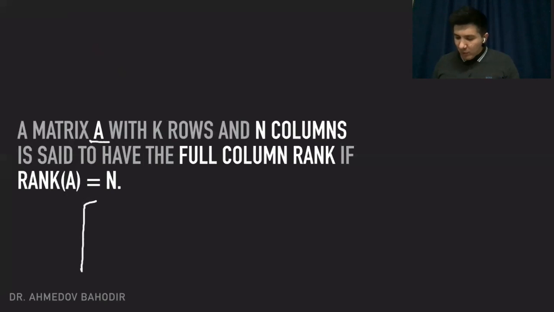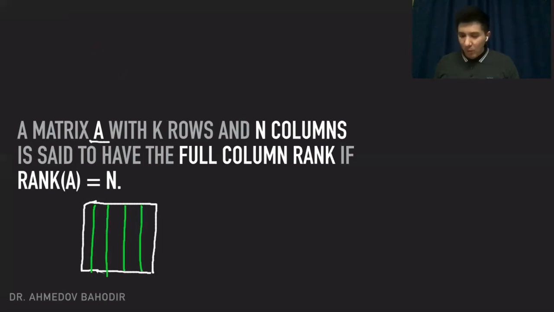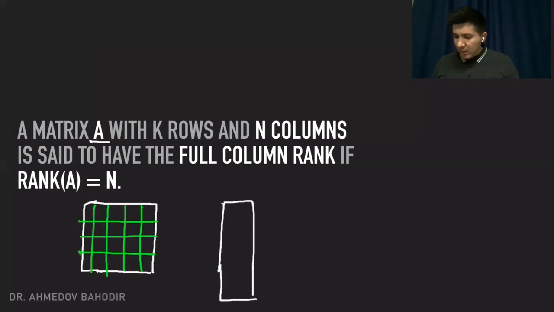If your matrix is a square matrix, so the number of columns is equal to the number of rows, then the fact that all of the columns have pivots means that all of the rows have pivots as well, right? Because the number of columns is equal to the number of rows. But it is also possible that you're going to have this kind of matrix, for example with only 2 columns but many rows, maybe 10 rows.